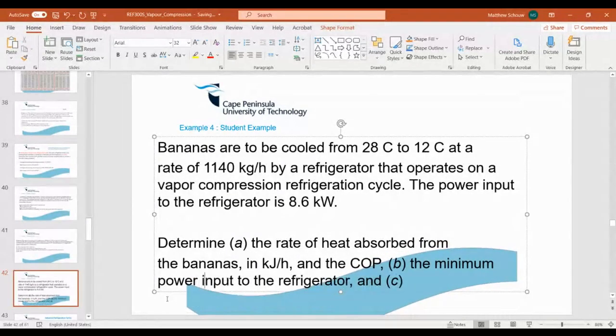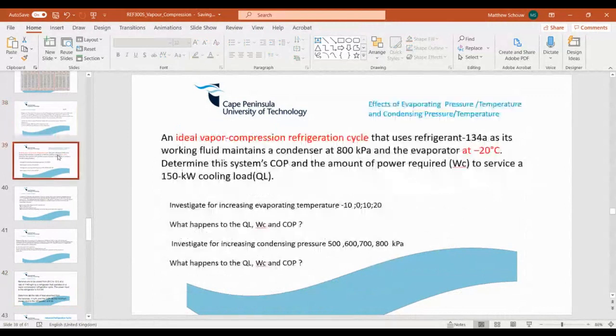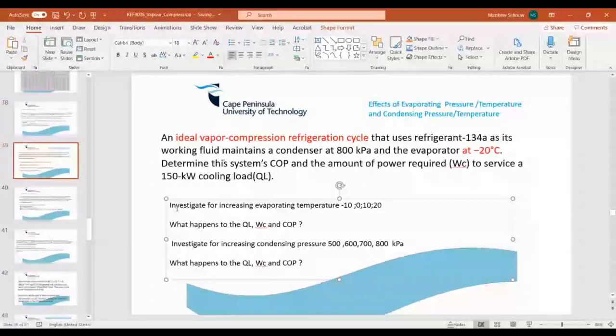And also the other thing that I want to show you was looking at the effects of evaporating pressure and temperature on a simple system.